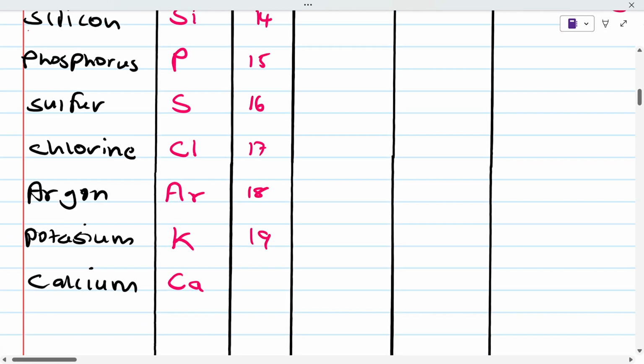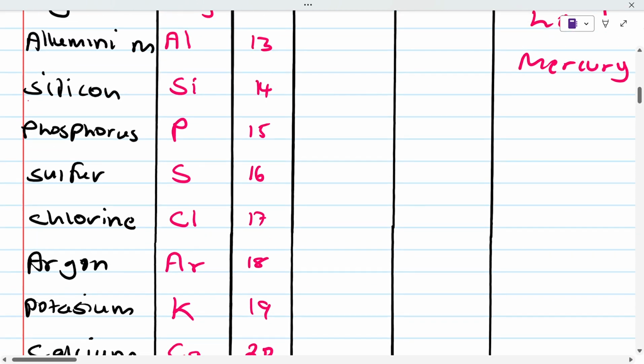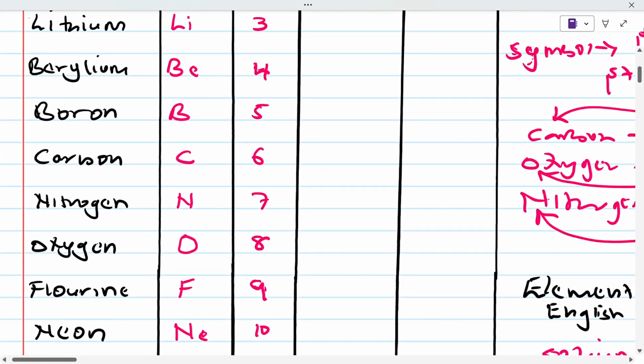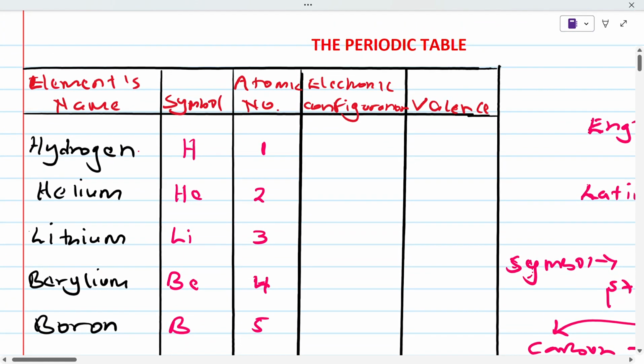And lastly, our calcium is 20. We just list it from 1 to the last one, which is 20.